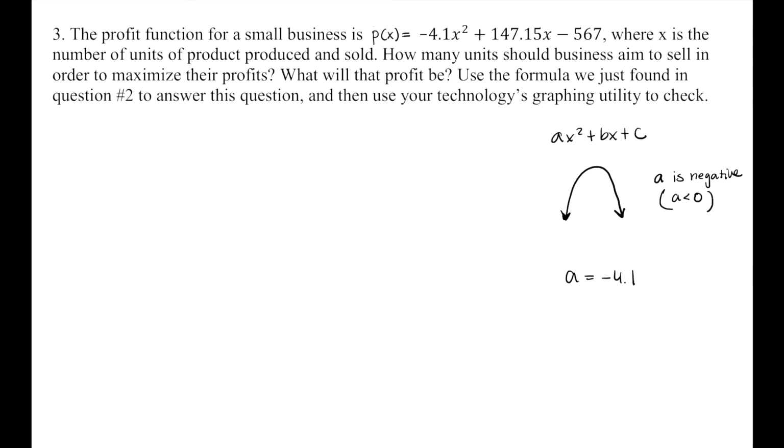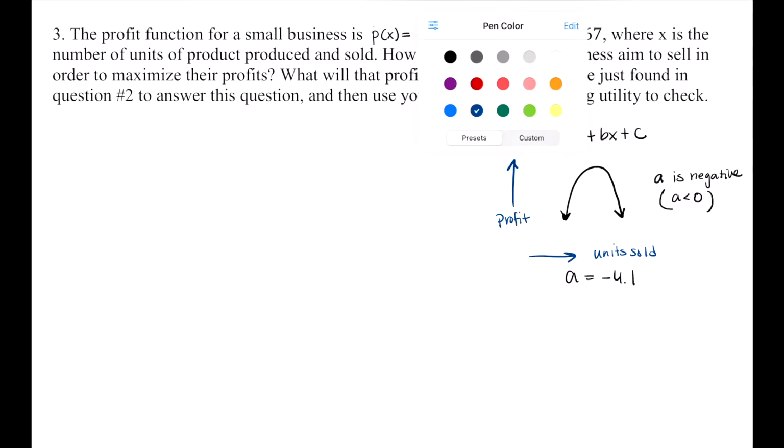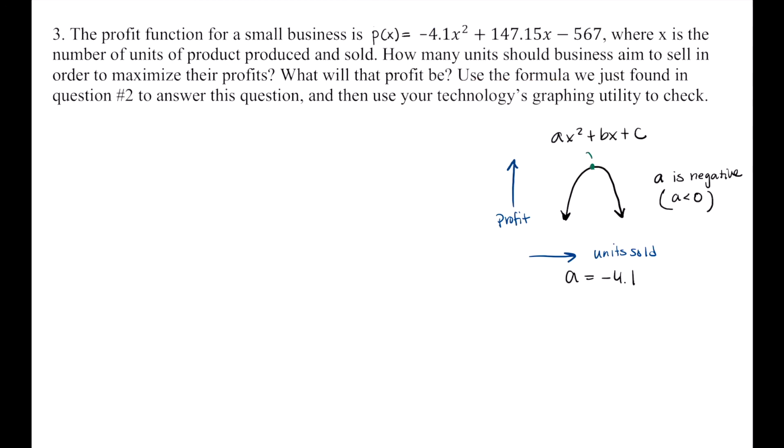Well, how does this help us? Well, let's see. Our x-axis represents units sold in this direction. And in the vertical direction, it's profit. That means we're going to get some ordered pair, x comma y.